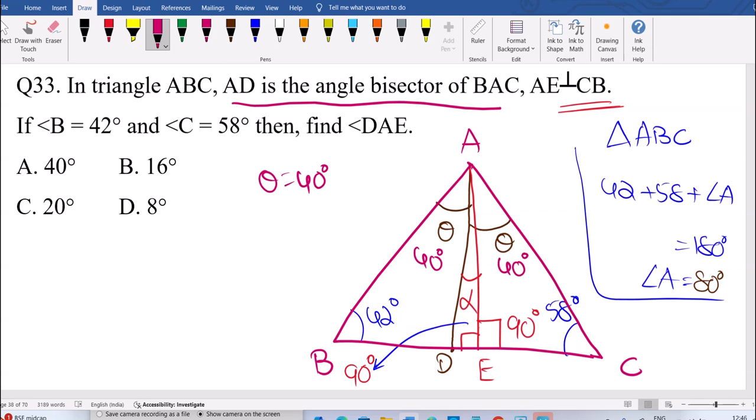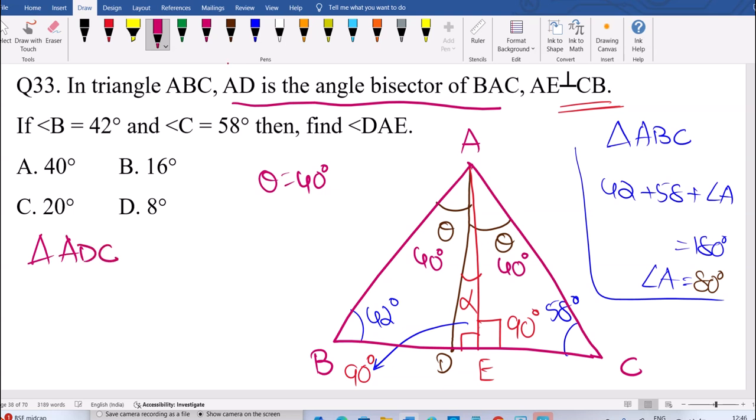It will divide into two equal angles. Now you have to calculate alpha. You can take angle ADC or ADE. You can use one of these. If you calculate angle D, I think that's better. You can take the triangle ADC.